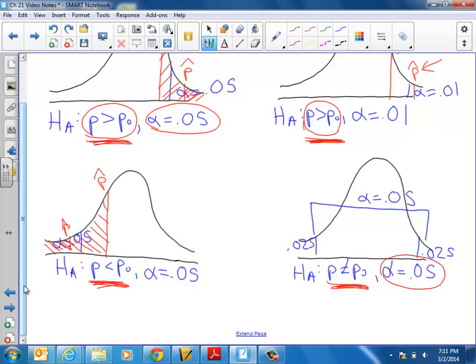Well, for an alpha value of 0.05, you simply split that 0.05 in half, and you're checking for 0.025 of all sample proportions to fall within the window on the left and on the right, here and here.